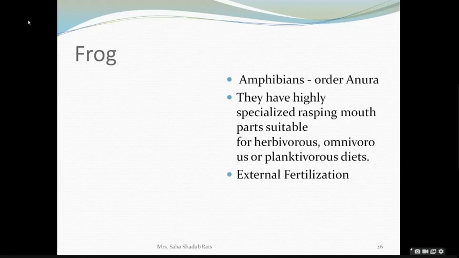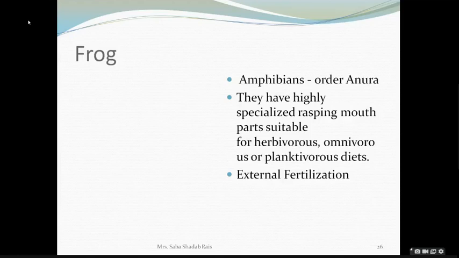Now we will talk a little about fertilization. Why are we discussing fertilization under the heading of respiration? Because we are trying to touch upon the metamorphosis or the life cycle of the frog. Fertilization is external.